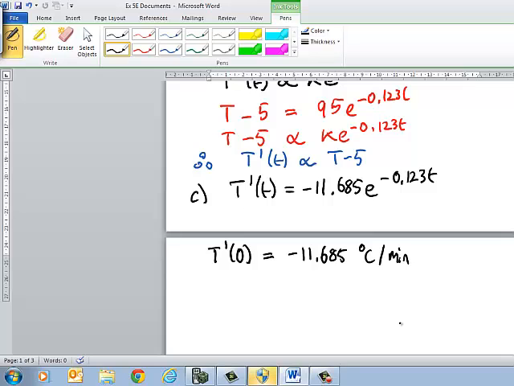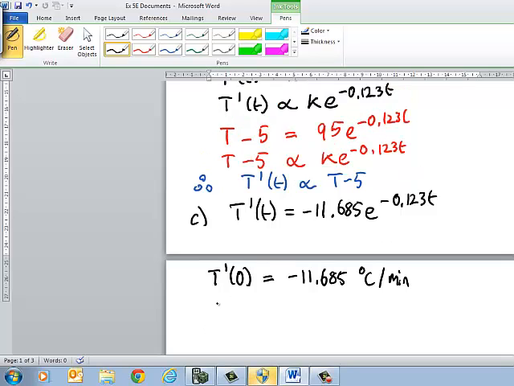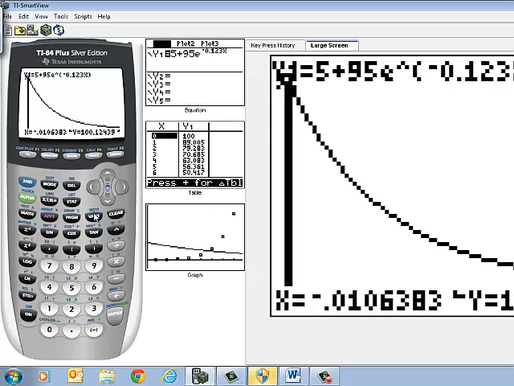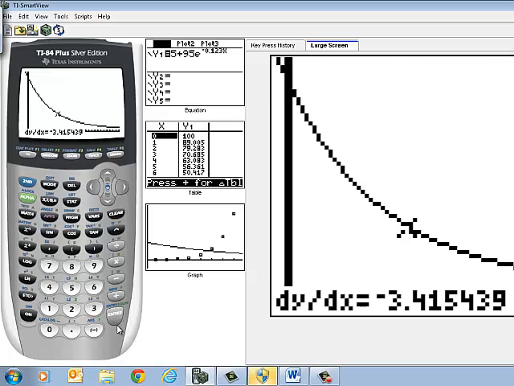The next one we have to do is looking at the temperature of 10. I go back to my calculator again, and all I have to do is second function calc, put in number 6 and put in 10, and it will work out my rate of change for me.